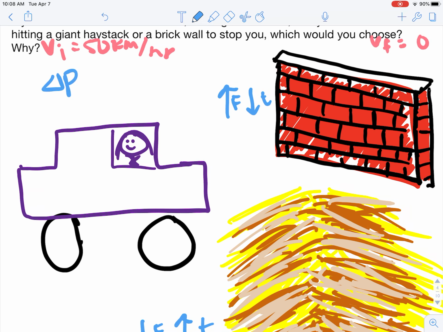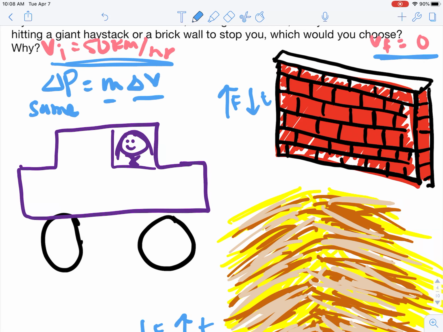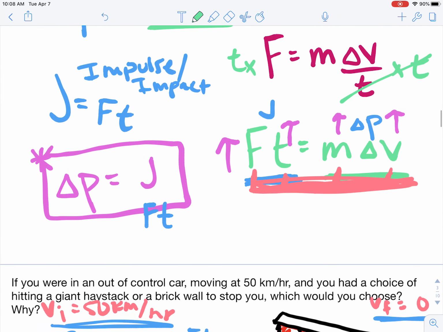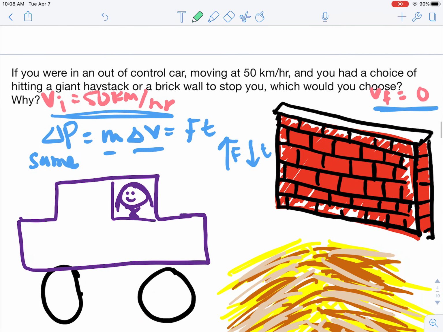In both of these situations, the change in momentum is the same. Because change in momentum is mass times velocity. It's the same car in each situation. And in both situations, you're going from 50 to rest. So your change in momentum is the same, which means that impulse is the same. We learned from that last equation up here.